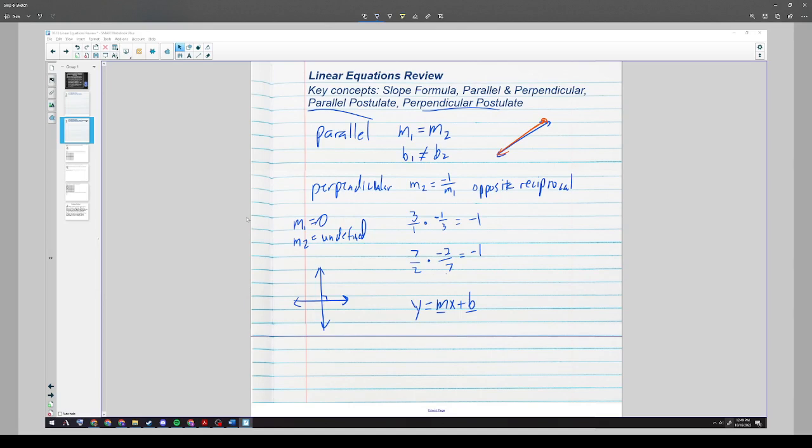The parallel postulate says that in a plane, so we definitely need to be in the same plane, given a line parallel to a given line and passing through a given point, there is exactly one line.